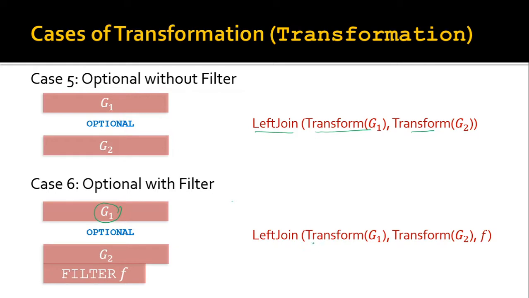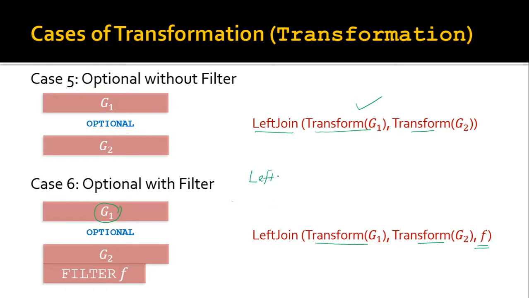So in that case, you have to do a left join between G1 and G2, and of course the transform of them, and then the result of this left join has to be passed through the filter condition, right? So this is kind of different from this left join, but we can represent them using a single construct. So how can we do that?